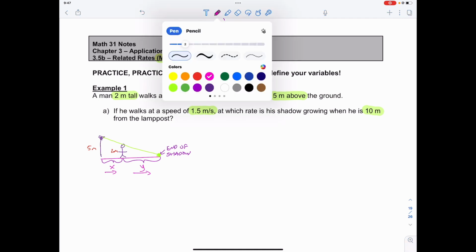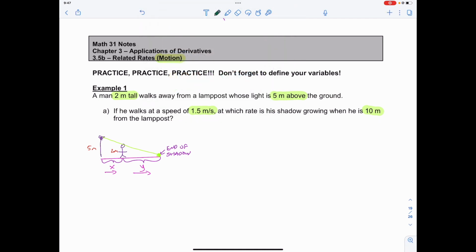So we're going to define our variables. Let x equal the distance from the base of the lamppost to the man.